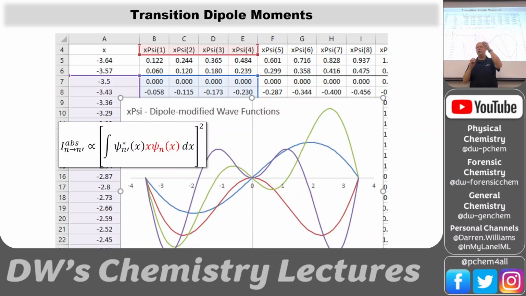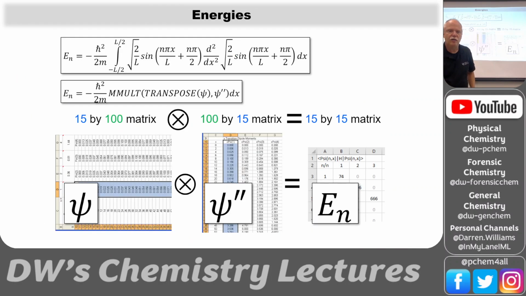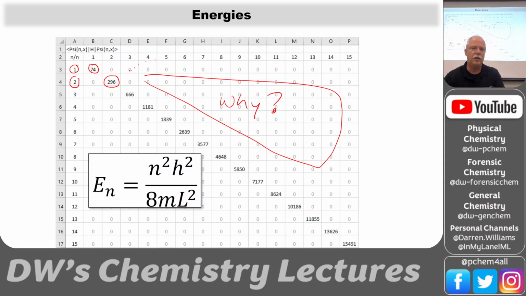Psi 1 and psi 2, this off-diagonal element right here, was 0 because when I multiplied wave function 1 times wave function 2 and integrated that, it was 0, right? Because this positive piece and this negative piece cancel each other out.